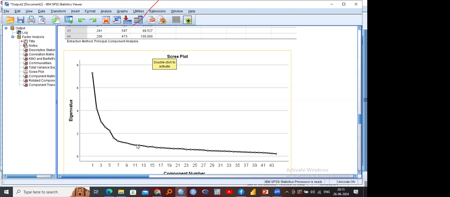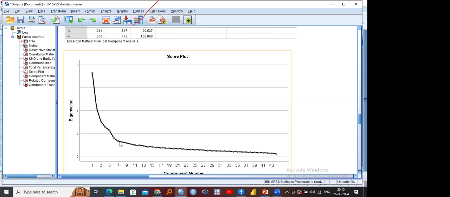You all know what is an elbow? Wherever there is first bend of the elbow, that is where we decide that your data should be reduced into those many components or factors.